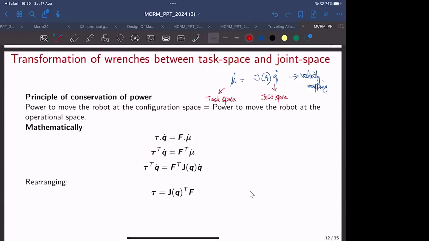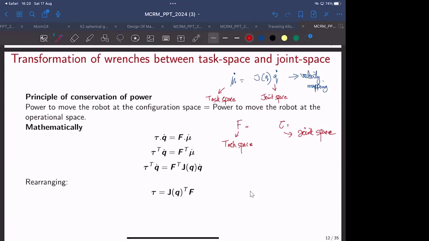And similarly, how do you do this similar transformation in terms of forces and wrenches? So for example, if I label the forces and torques in task space as F task space, and tau as the variables in joint space, right?